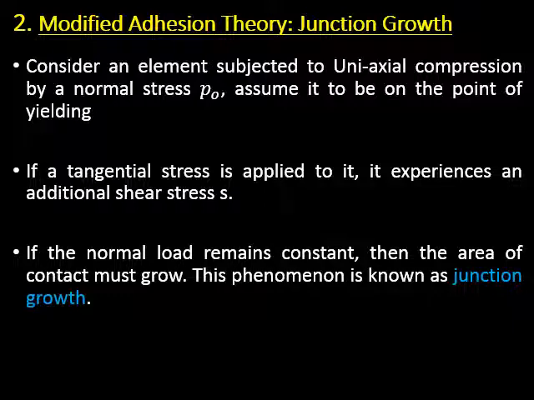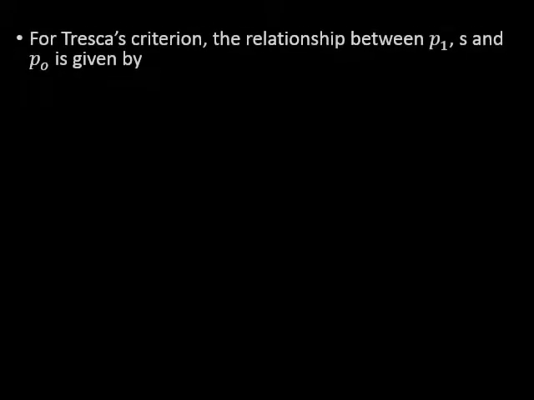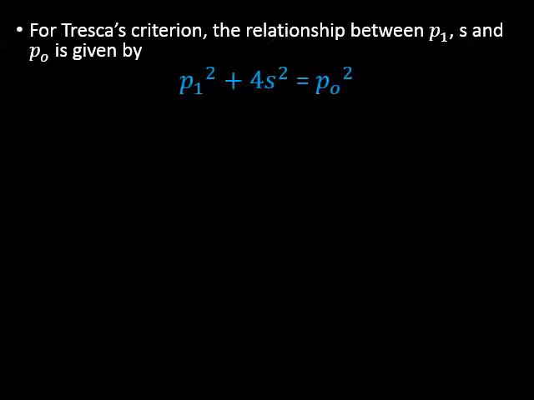And if the normal load applied on the material remains constant, then the area of contact must grow, and this phenomenon is known as junction growth. From Tresca's criterion, we have a relation between P1, S and P0 as P1 square plus 4 S square is equal to P naught square.